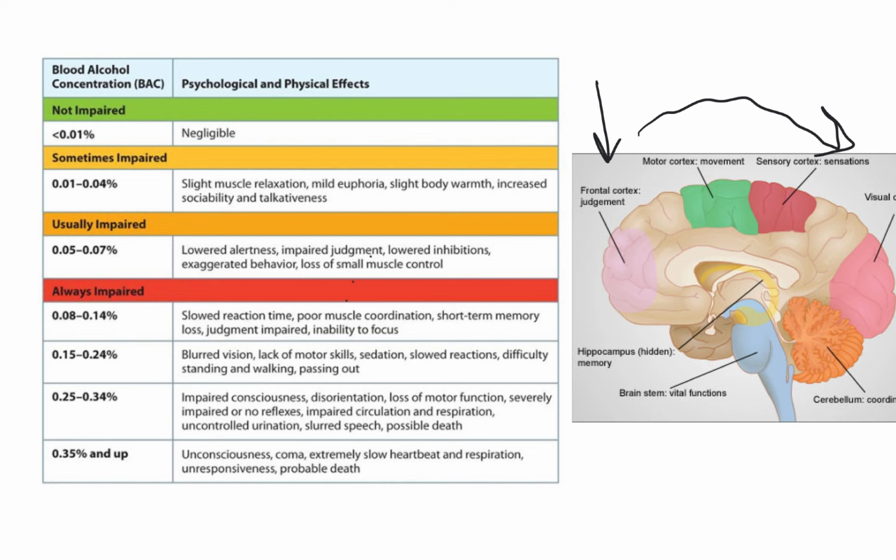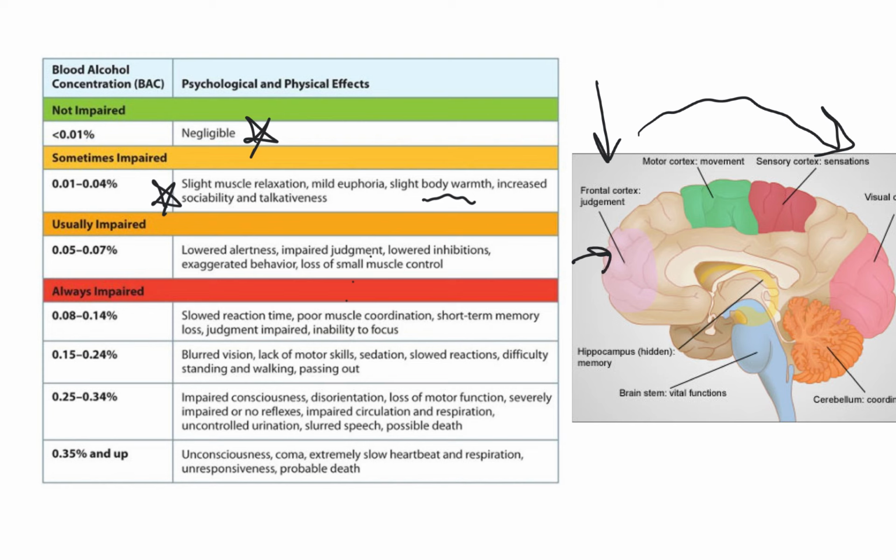So when somebody has a small amount of alcohol and their blood alcohol level is about 0.01% or lower, there's really no effects. But once they start to get up to one drink, maybe 1.5, 2 drinks, we start to see that they're feeling kind of good. They're warm because they're vasodilating.